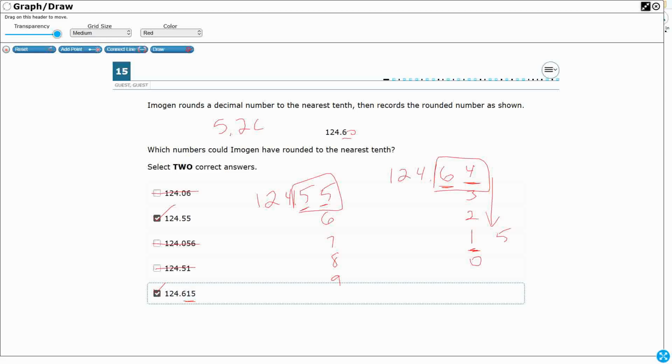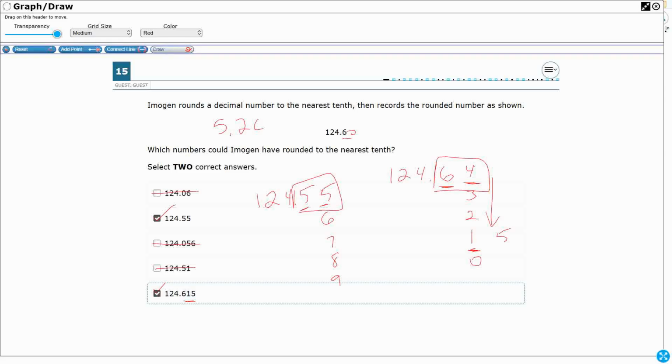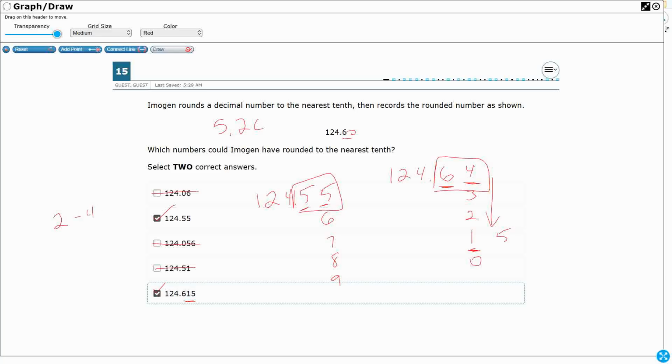Option 2 and option 5. Now, this is a 2-point problem, and for both points, we had 41% of our students get it correct. If they only got 1 point, we don't have any data as to which one they got right and which one they got wrong. I would think this one is probably the easier one, and this one is probably the harder one, but that's just my guess. We had a full 41%.